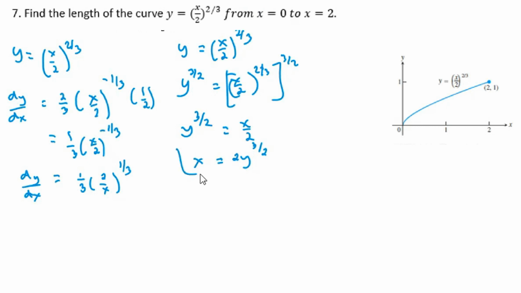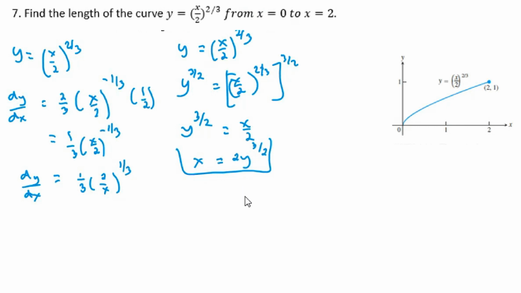From here, we are going to find the interval in terms of y, because the given is from x equals 0 to x equals 2 for the equation y equals (x over 2) to the power of 2/3. But now the equation is x equals 2y to the power of 3/2, so we find the equivalent intervals in terms of y.